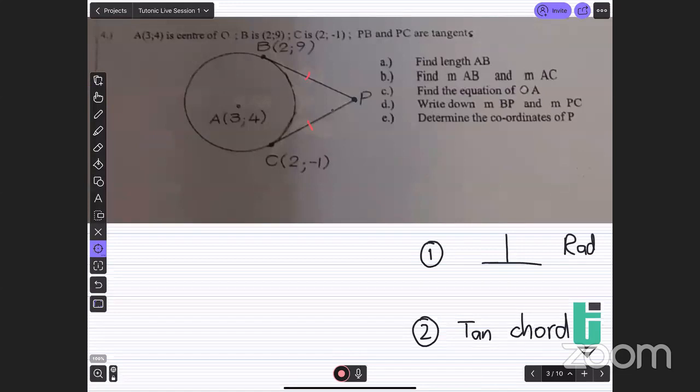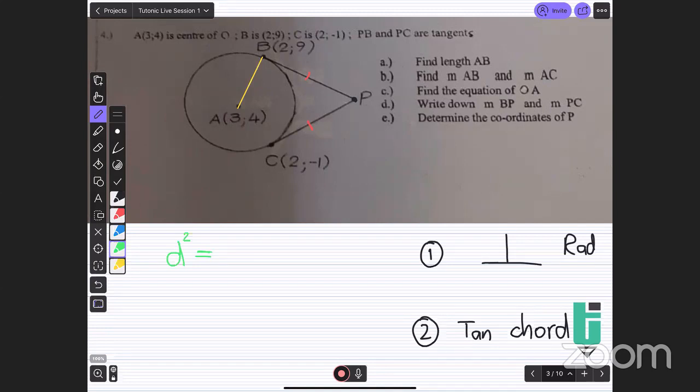Okay. So now it says find the length AB. So what can we do to find the length AB? Distance formula. Yes. What's the distance formula? Who's going to give me the distance formula? AB is equal to the square root of x2 minus x1 squared plus y2 minus y1 squared.